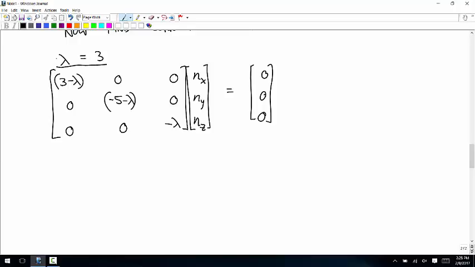If I put in lambda equals 3, 3 minus lambda is 0. Negative 5 minus 3 is negative 8. Negative lambda is negative 3.